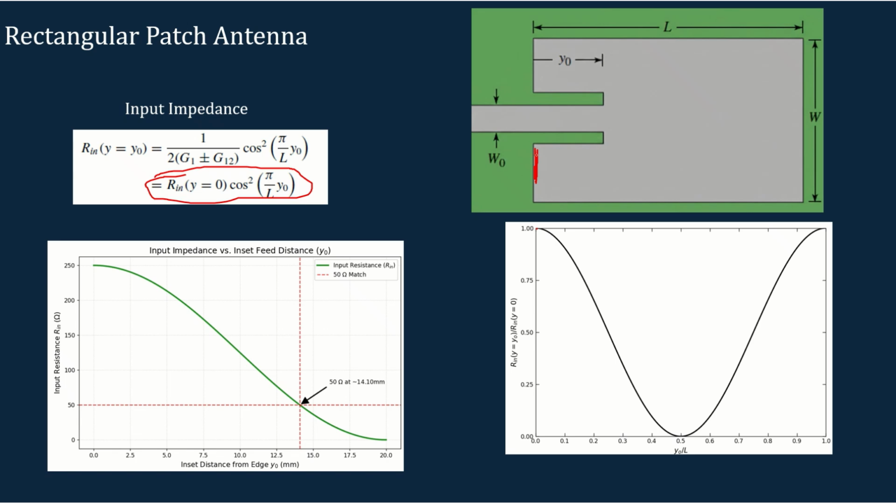So our purpose is to have an understanding of the impedance at the edge. Currently we don't know what the impedance is. So using CST we can find the impedance at the edge and we can find the inset feed distance also. So let's see how we can do that.